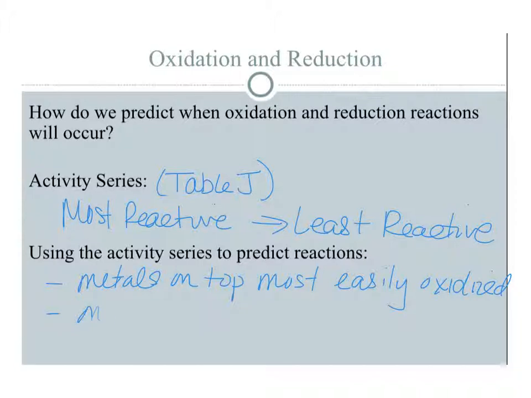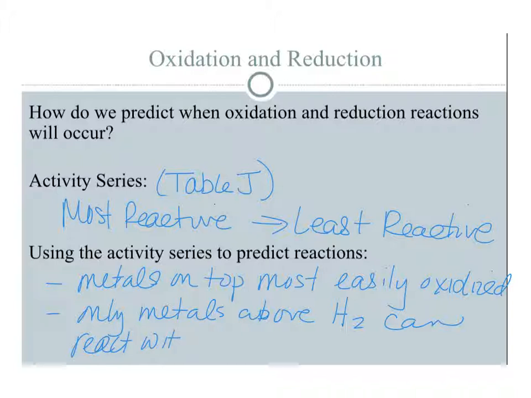And only metals above H can react with acids to form H2 gas, which we just saw with the magnesium and hydrochloric acid.